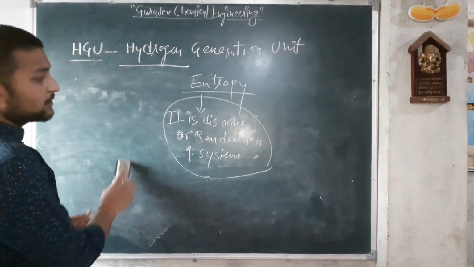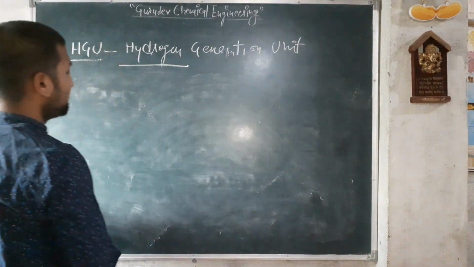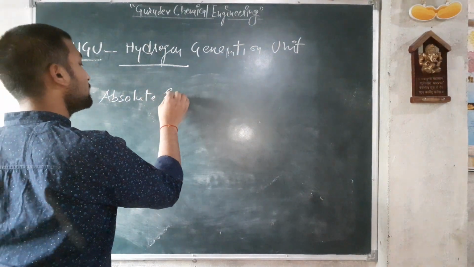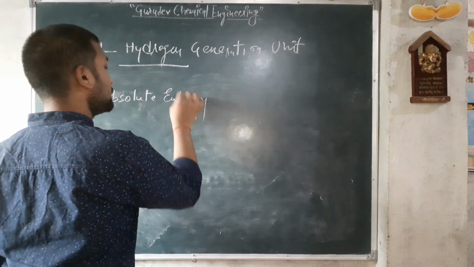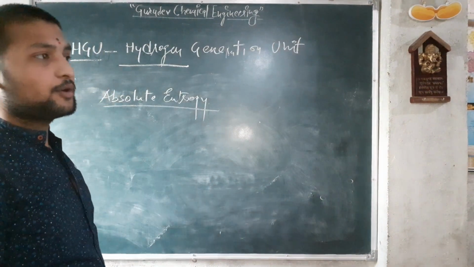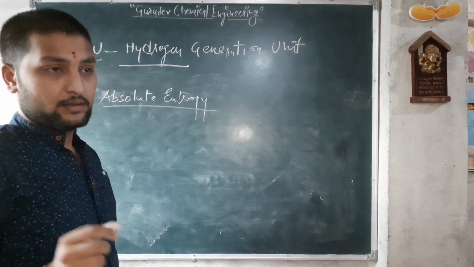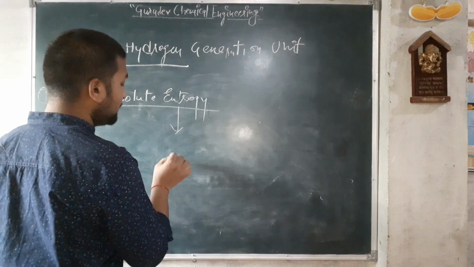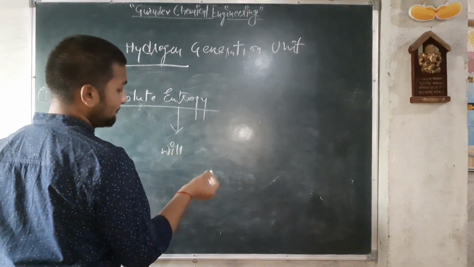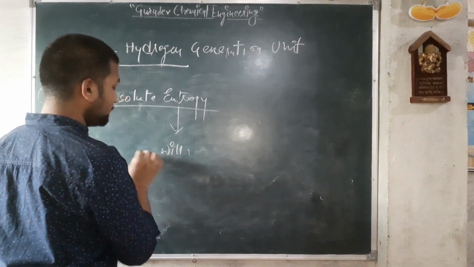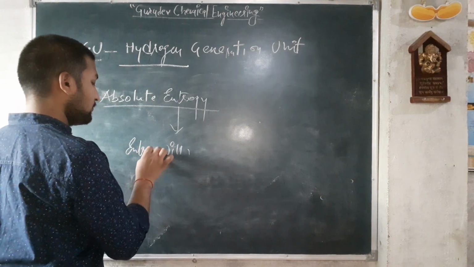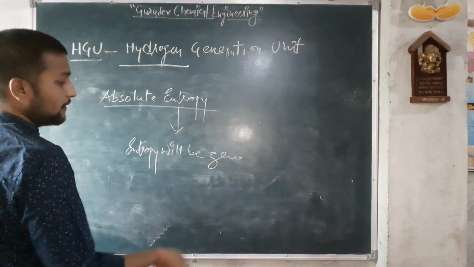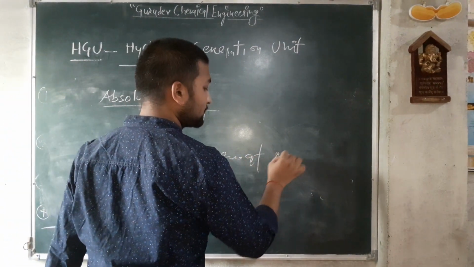So now we will discuss the absolute entropy. Basically, absolute entropy is based on the third law of thermodynamics, that is, the entropy will be zero at absolute zero.